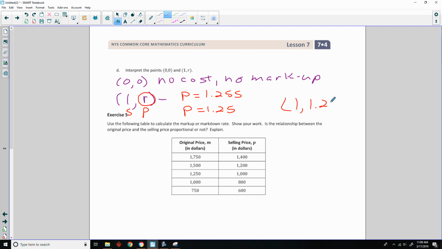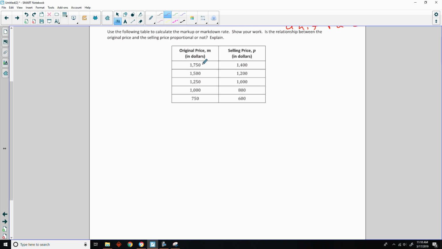So that means the point 1, comma 1.25. So if the original price was $1, the markup would be $1.25. Or it costs $1.25 after the markup of 25%. That's the unit rate. Okay? Unit rate. In other words, what does 1 unit cost? 1 unit costs $1.25.